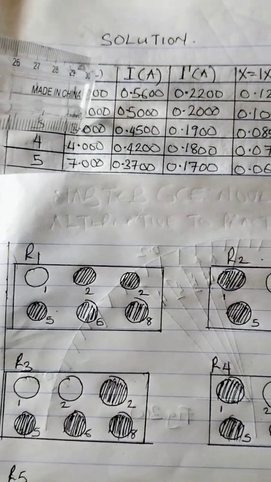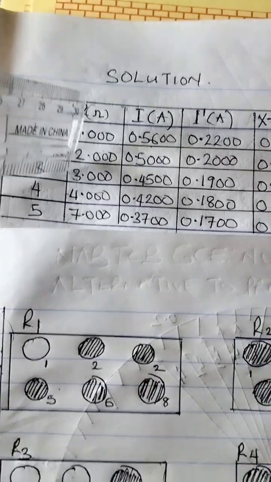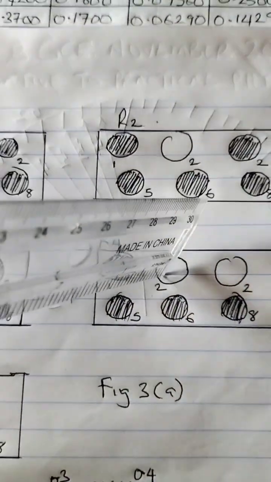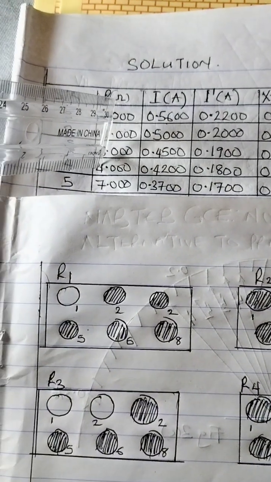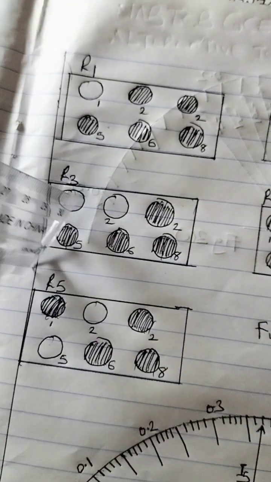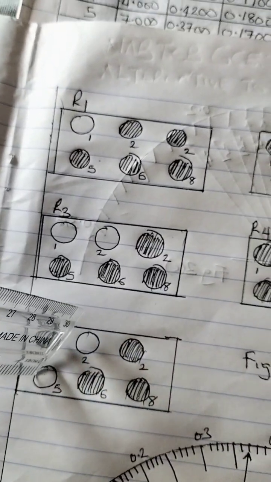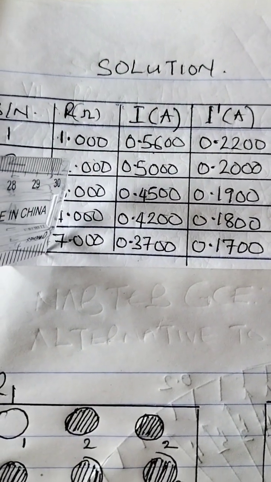That represents the 3 in the third row. Then R4, 2 plus 2, this is 4. That represents the 4.000 we have there. Then R5, 2 plus 5, that gives us 7. That represents the 7 we have there. So that's how we got the values of R.